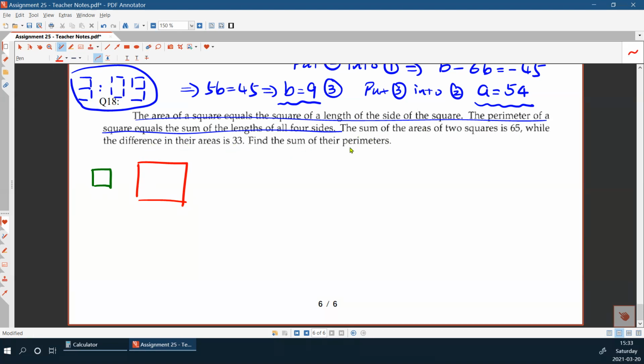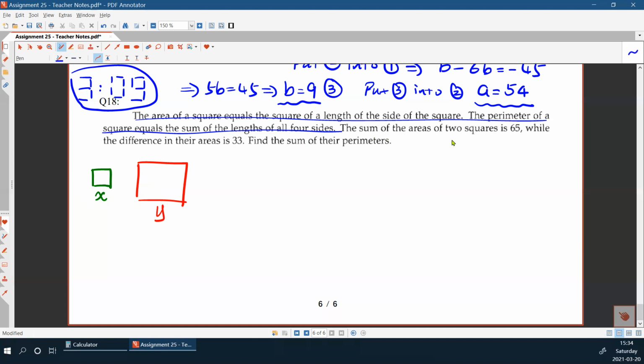Find the sum of their perimeters. So the areas and perimeters all depend on the length of the side, right? So suppose we denote the side of the smaller square as x, and the side of the larger square as y. So what do we know here?